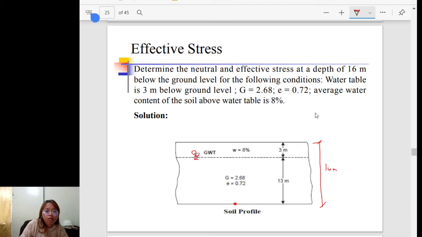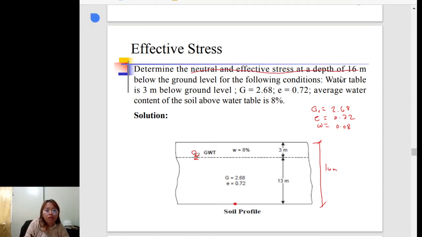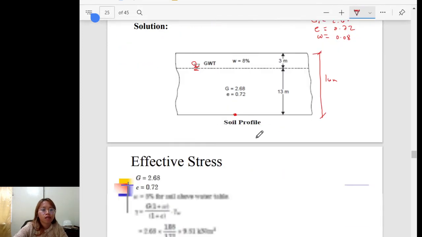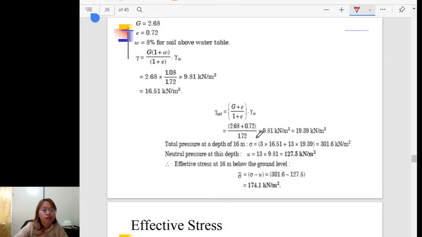The specific gravity is 2.68. The void ratio is 0.72. Average water content of the soil is equal to 8% or 0.08. No? This is the water content. We are after the neutral and effective stress at depth of 16 meters.